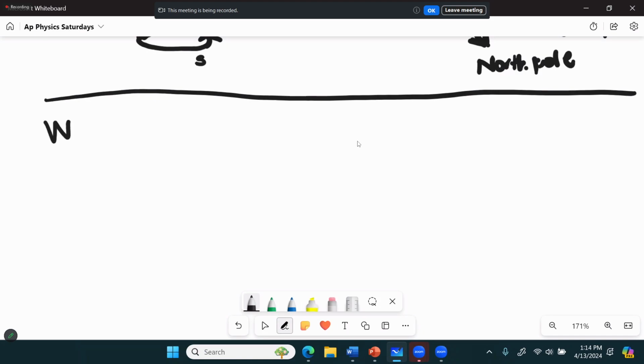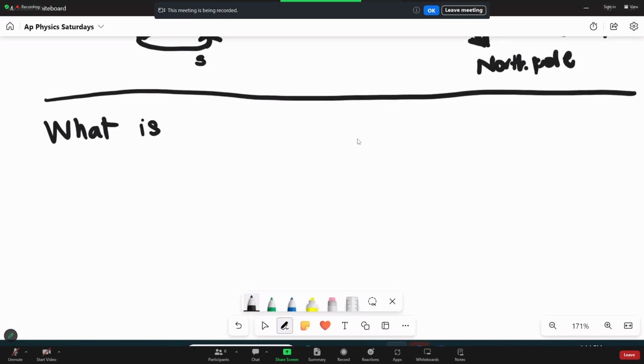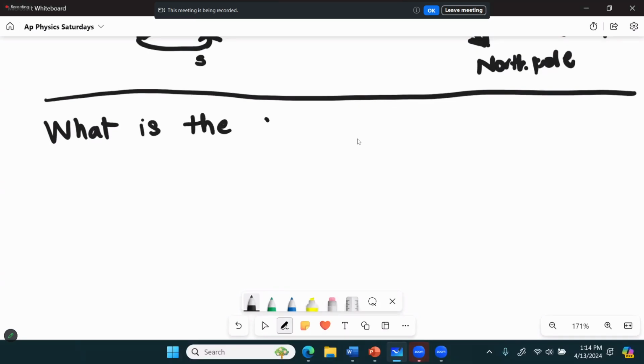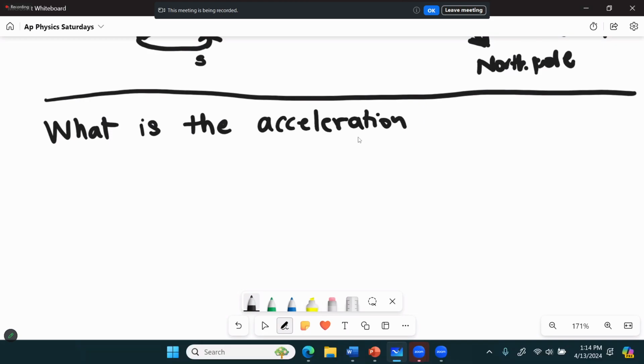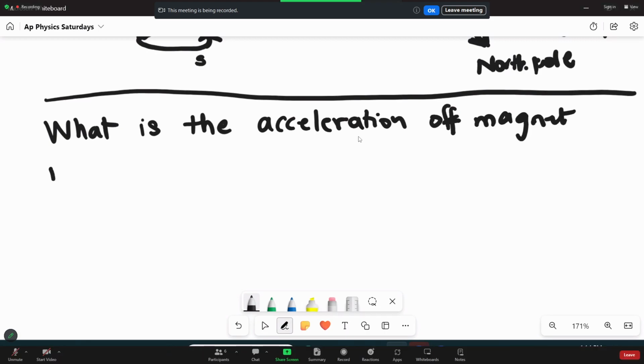What is the acceleration of a magnet in free fall?